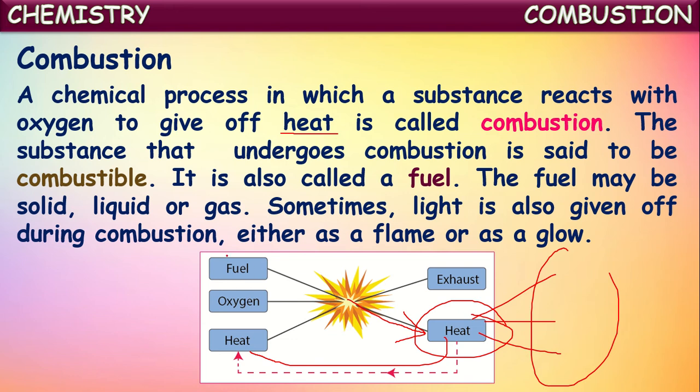The burning of a substance in the presence of oxygen to produce heat energy is called combustion, and the substance which burns in the presence of oxygen to produce heat energy is called a fuel. It is actually called a combustible substance, also called a fuel.